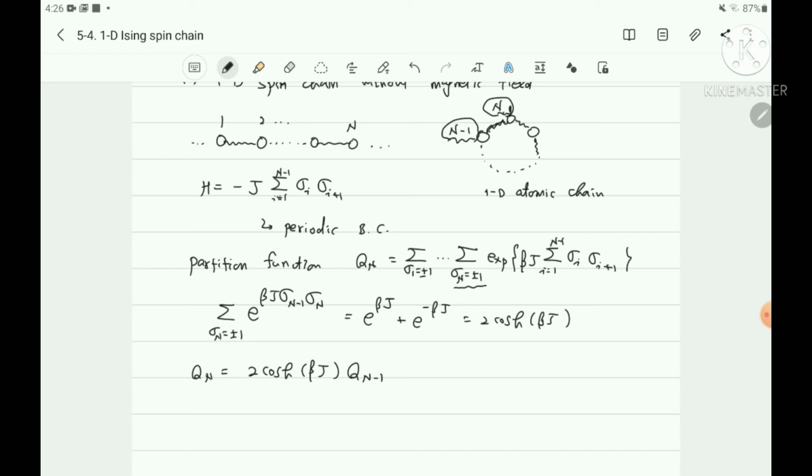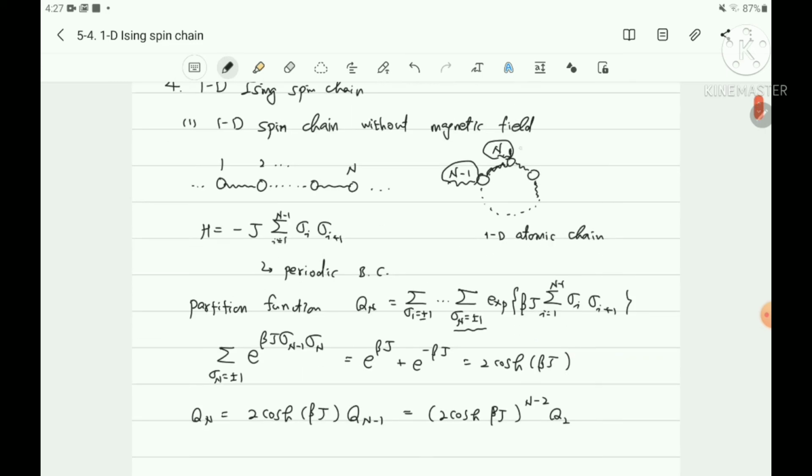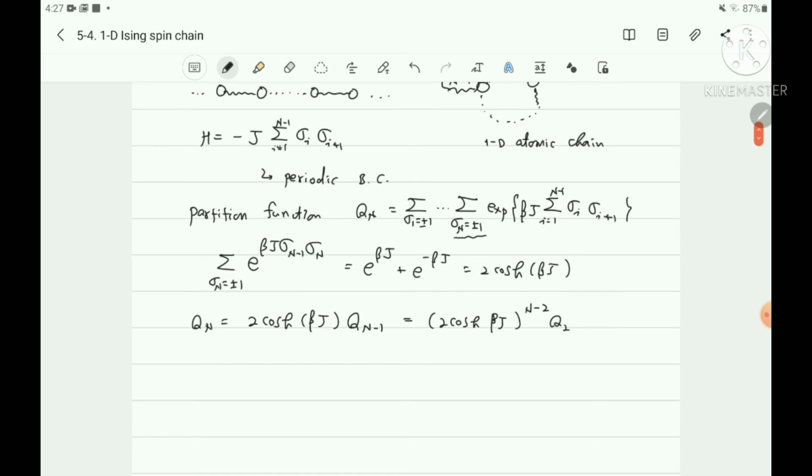Like this, consequently, there are n-2 factors of 2 cosine hyperbolic beta J, to the n-2, times Q2. Q2 is the interaction between the first and second atom. It is the Q2 partition function.